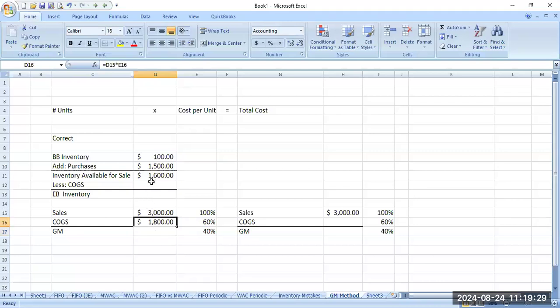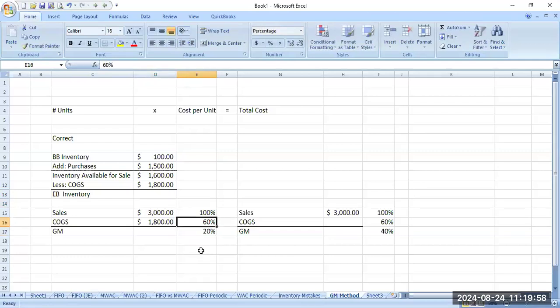That 1,800 is going to come here. But in this case it doesn't make sense, since I'm playing with the numbers, I need a lower gross margin. So I need my gross margin to be only 20%.